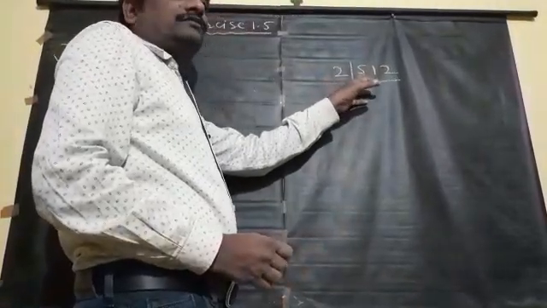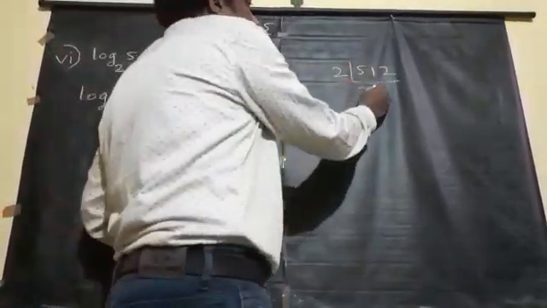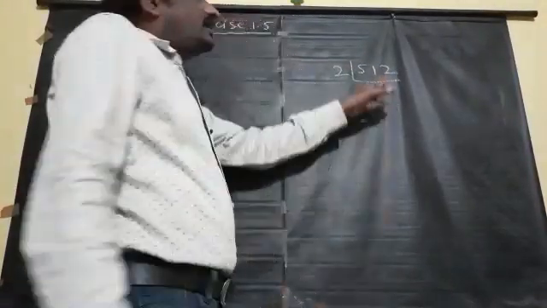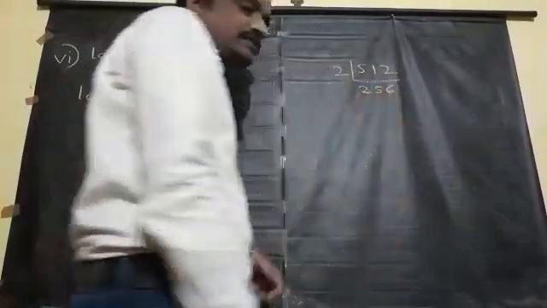2 fours are 8, 2 fives are 10, 2 sixes are 12.